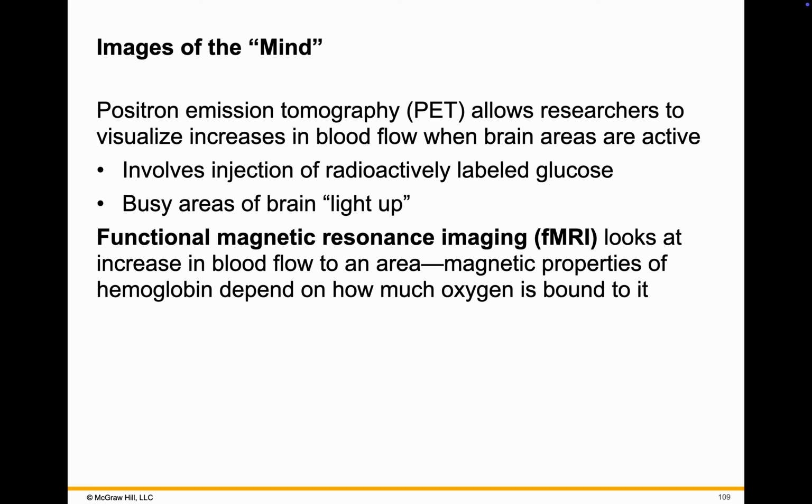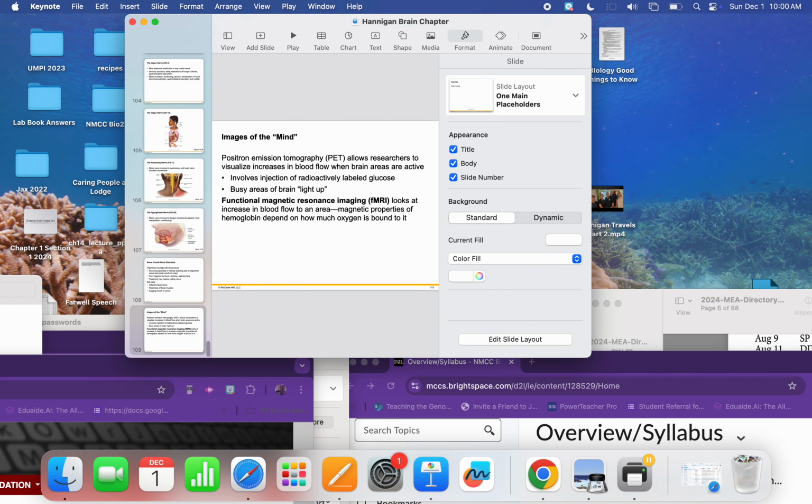We can also use functional magnetic resonance imaging to look at increased blood flow to an area. Magnetic properties of hemoglobin depend on how much oxygen is bound to it. So both of these tell us which regions of the brain become more active when we are thinking of something or imagining something. And that leads us to the end of the brain and the spinal cord.